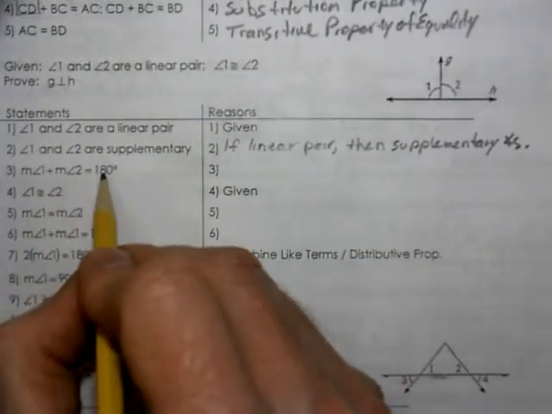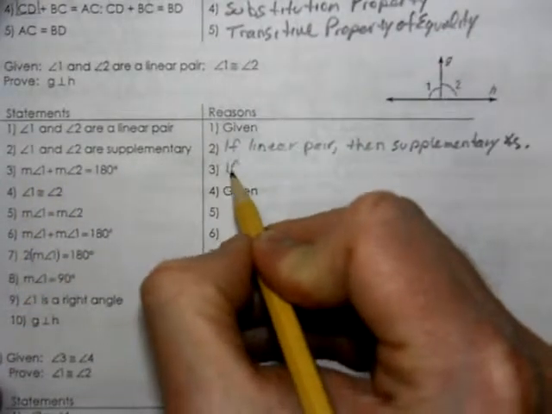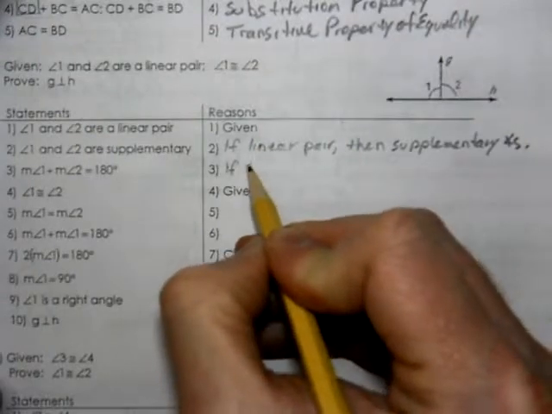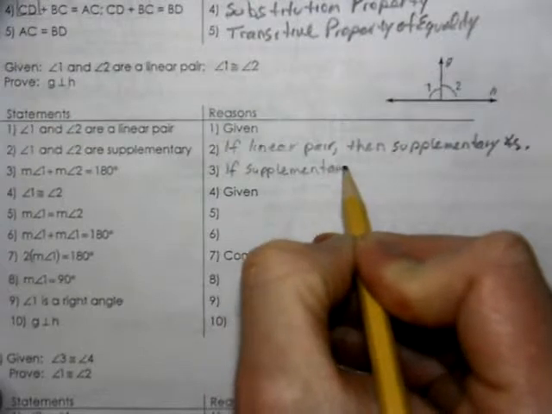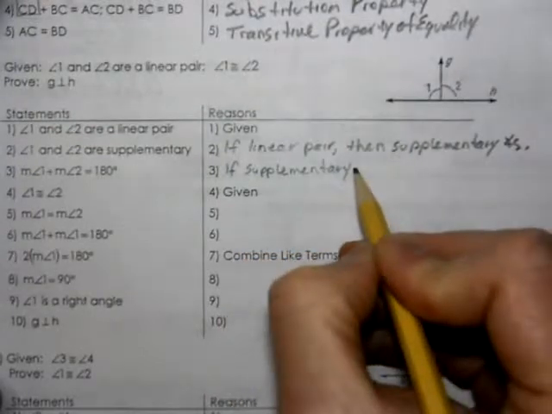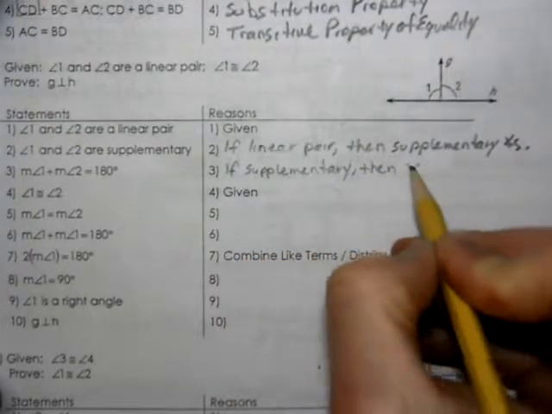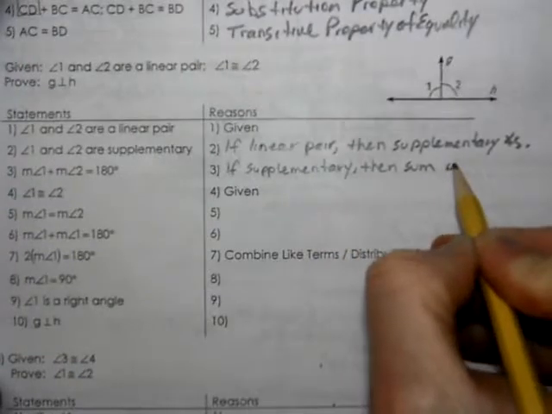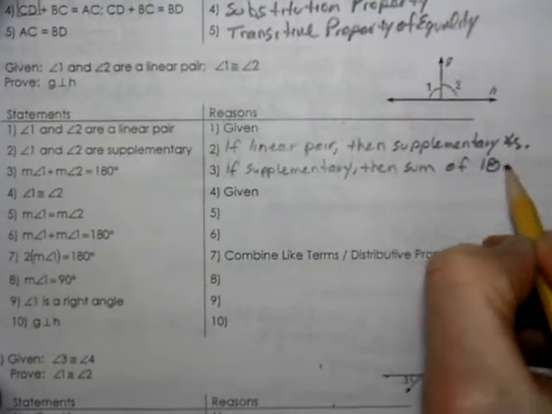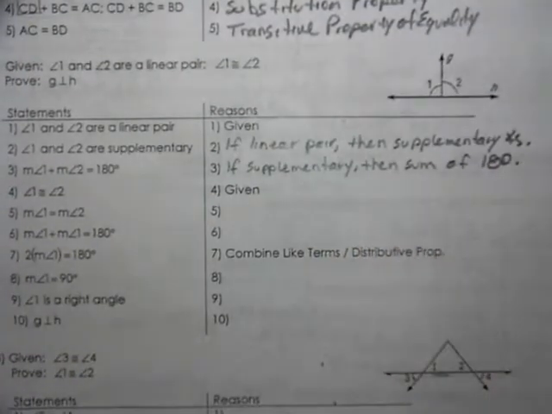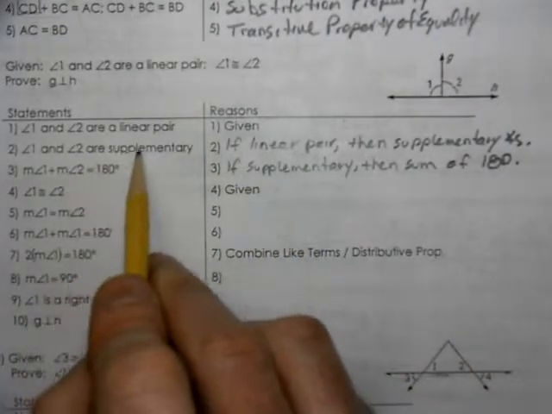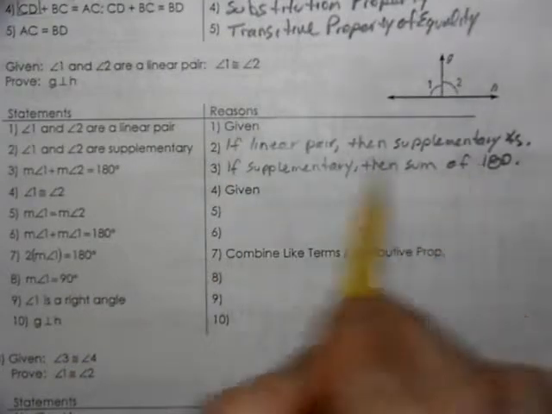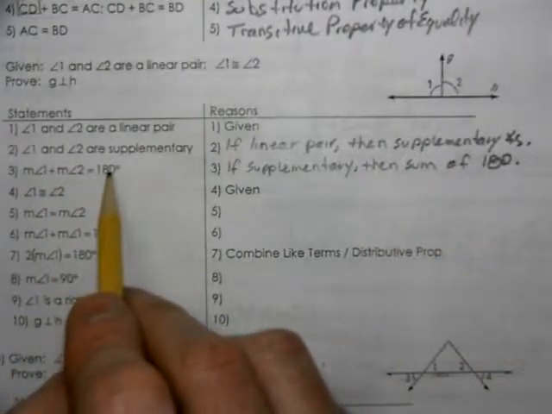Now we see two angles adding up to 180. So if supplementary, then we know that it adds up to 180. If supplementary, we said they were supplementary earlier, then now we're going to say that they equal 180.